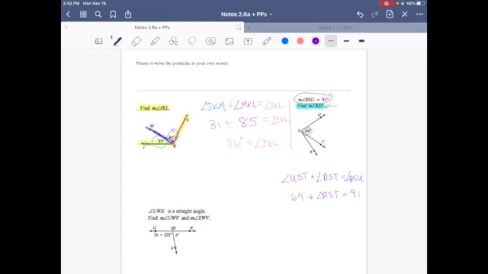So then if I want to get RST on its own, I'm going to subtract 69 from both sides. And 91 minus 69 gives us 22 degrees.